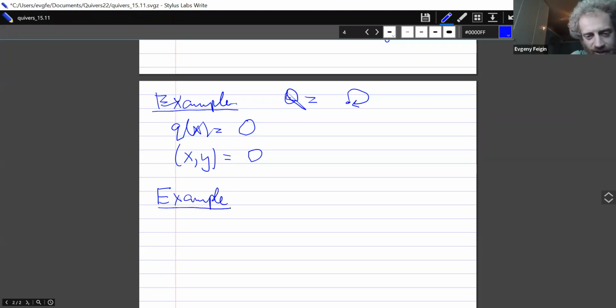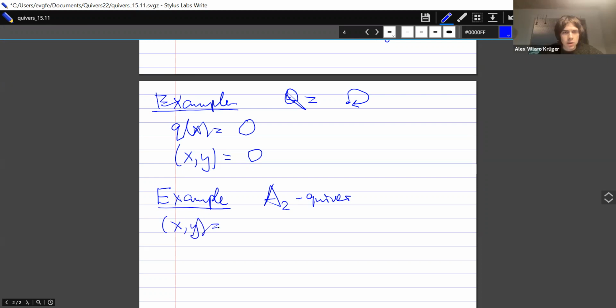So let's consider just the A2 quiver. What is then xy? Just by definition, 2x1y1 plus 2x2y2 minus 2x1y2 minus 2x2y1.